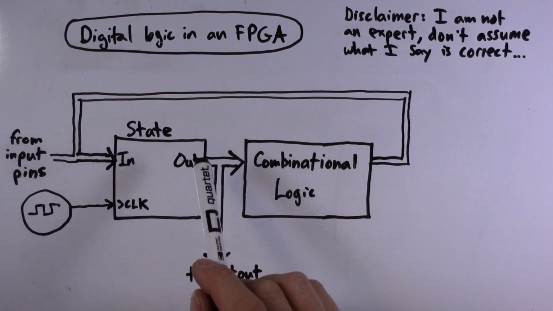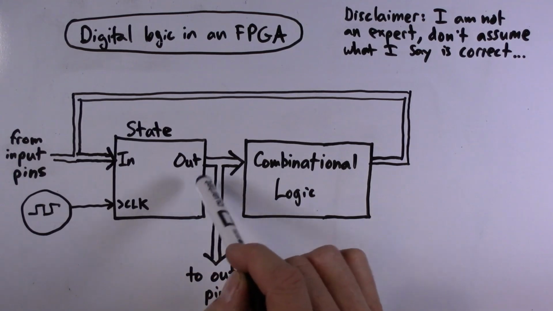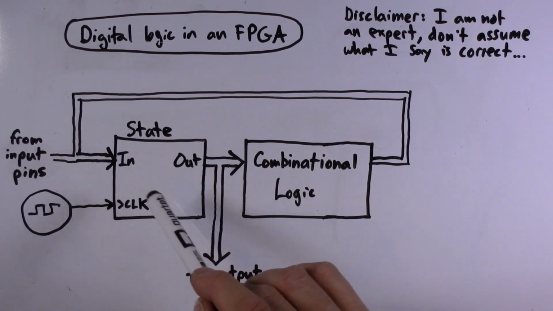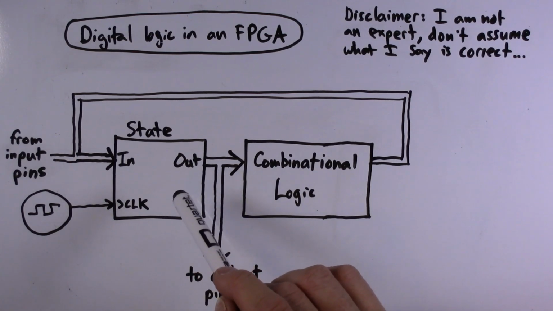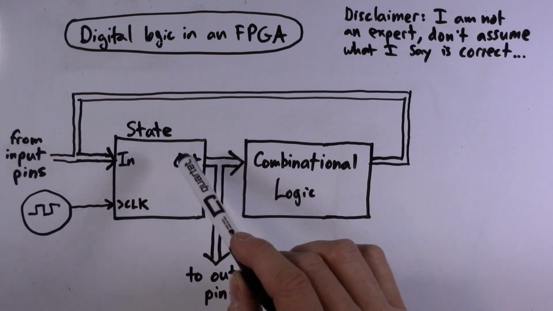All right, so here's how I view what is going on inside the FPGA. Basically we have a bunch of state, which I've drawn as though it's a single D flip-flop, but in reality it's a whole bunch of D flip-flops and also things like RAM devices. And this stores some information.